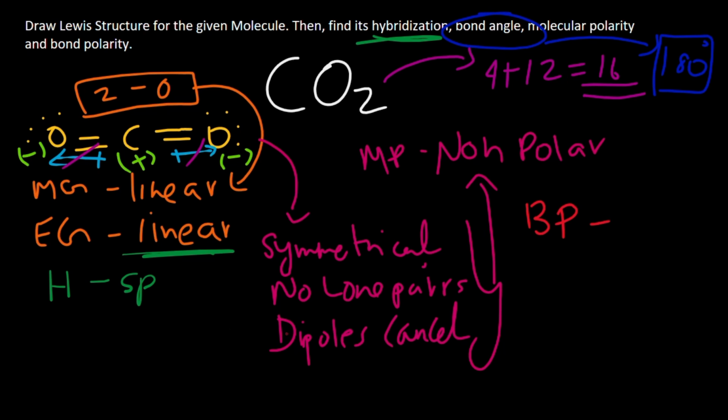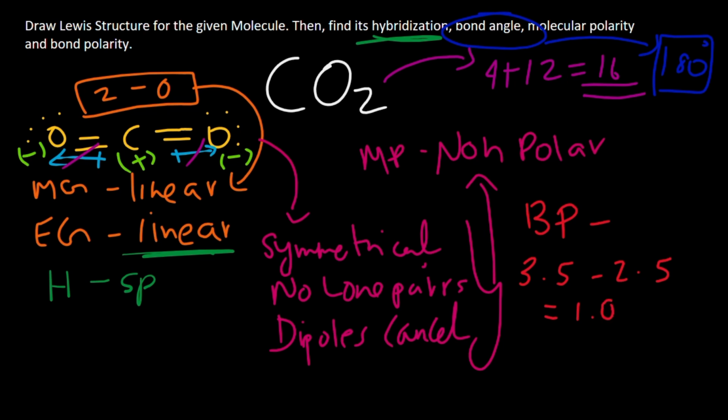Oxygen's electronegativity is 3.5, and carbon's electronegativity is 2.5. We just subtract the electronegativities of these atoms, and we get 1.0.